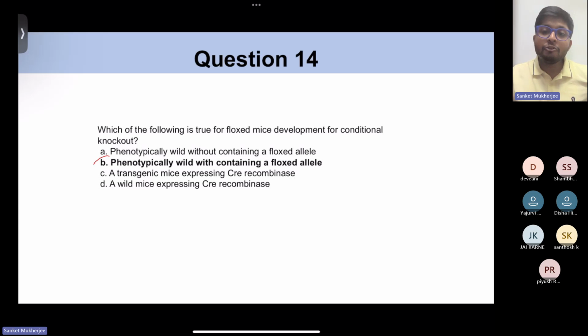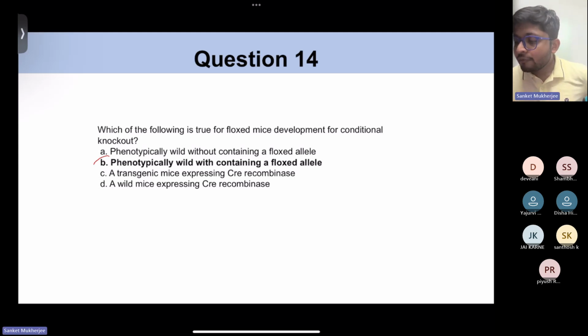Rather, you want to introduce a condition, like the tet-on tet-off system we already discussed. For example, introduction of an antibiotic or a drug, or a pH change could induce the deletion of that particular gene. Or it could be stress.